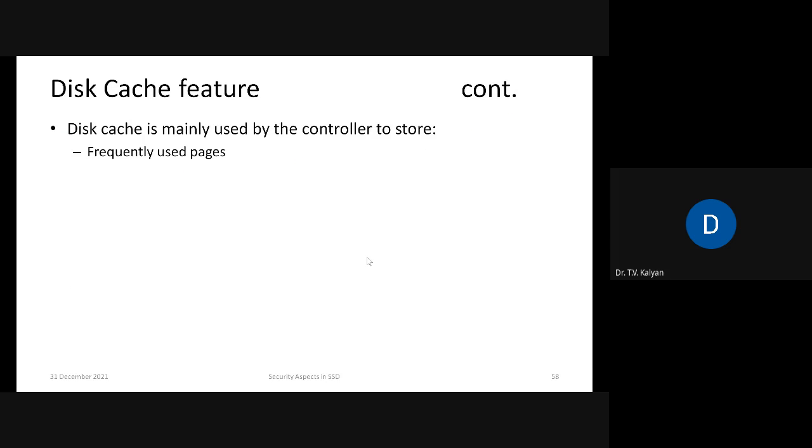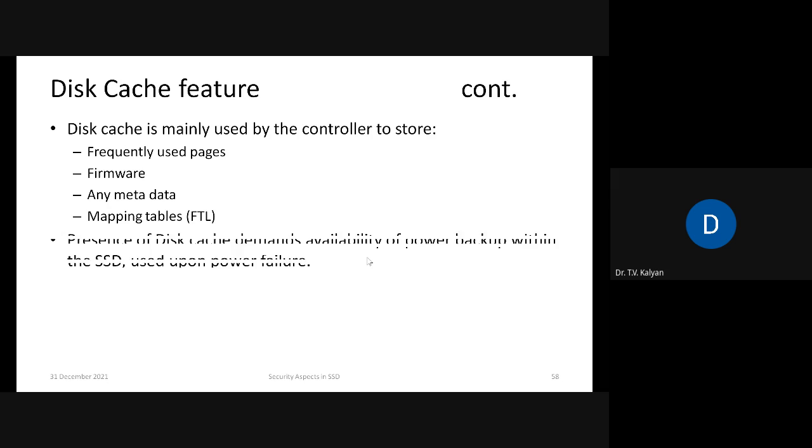The disk cache is primarily controlled by the SSD controller itself, and it will store the frequently used pages, the firmware, and any metadata that the host would need, or that the controller itself needs to maintain for proper functioning. And even the FTL would be part of the disk cache, right? Because the disk cache is primarily DRAM or SRAM based.